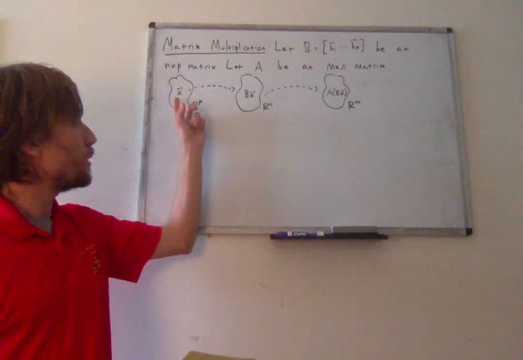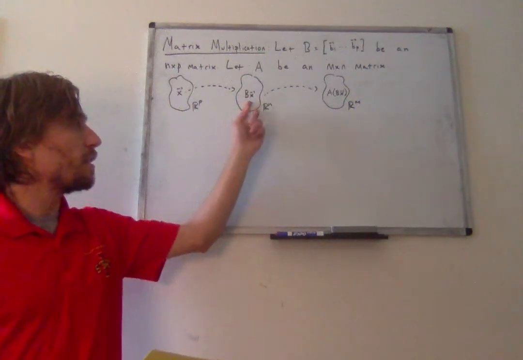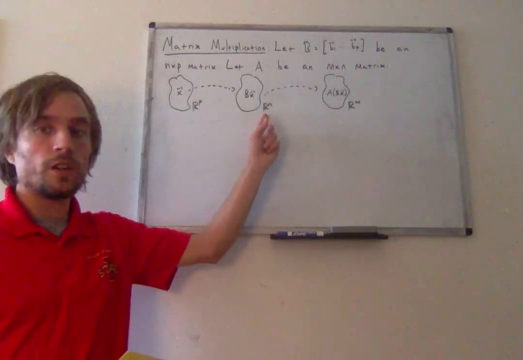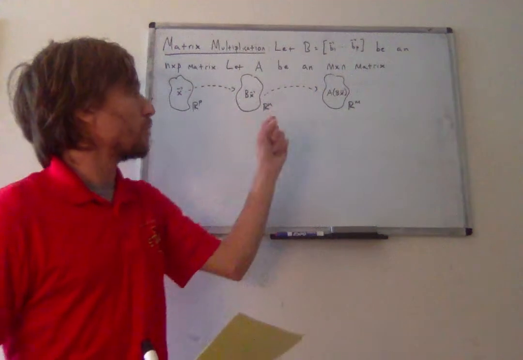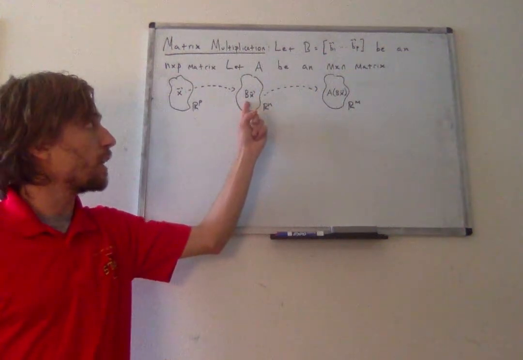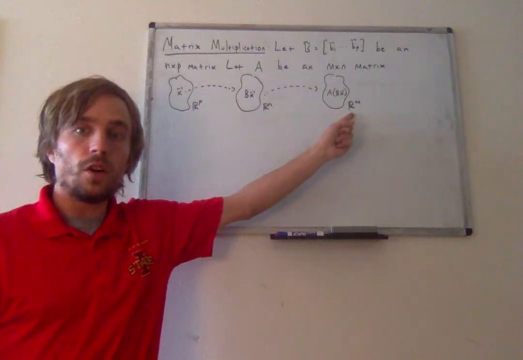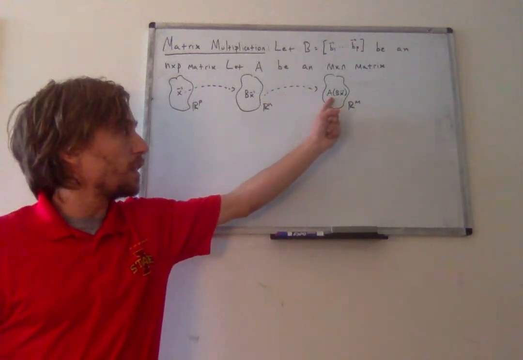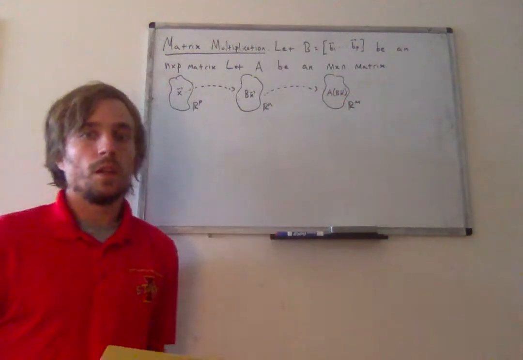So what happens is B takes x, acts on it by multiplication, and sends it to a new vector, B times x in Rn. Well, now since A is an m by n matrix, A can act on this vector, B times x in Rn, and send it to a new vector in Rm. And so notice here I have the vector A times B times x.